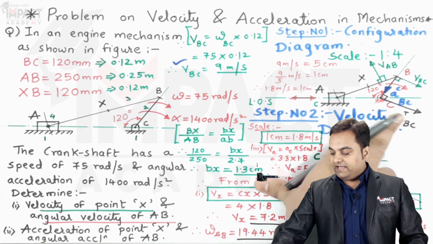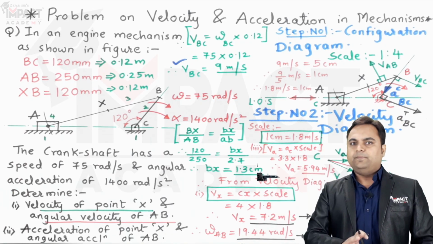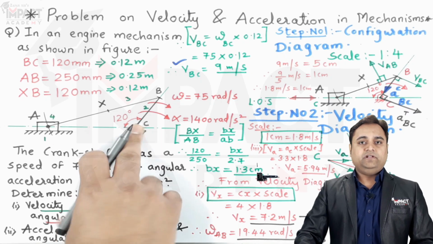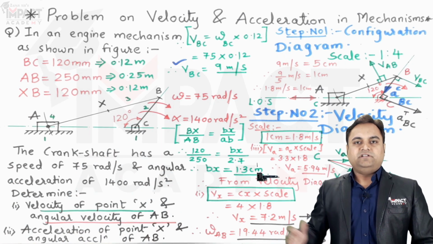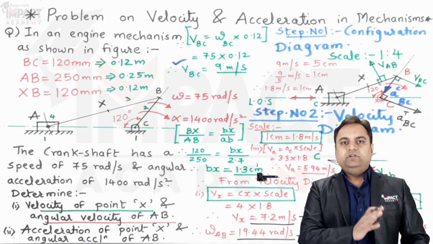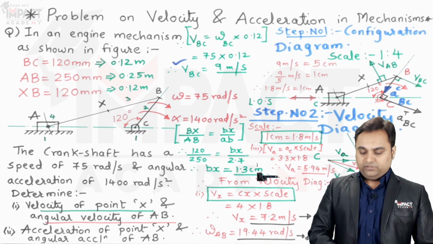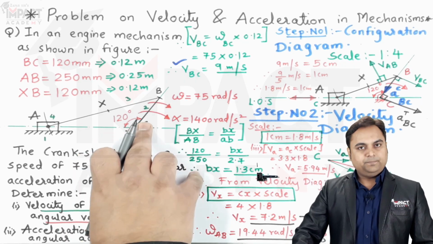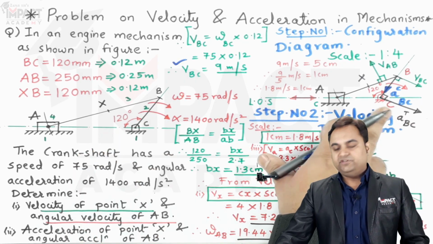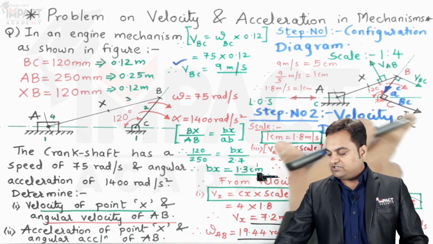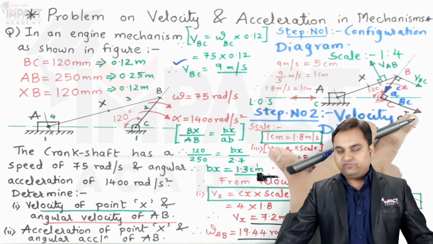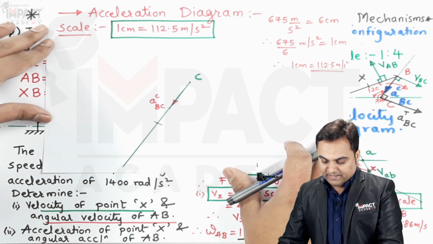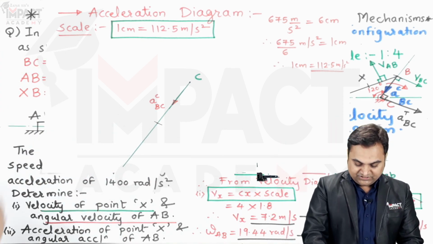So now we know the direction of the tangential acceleration, and remember, whenever in the problem the angular acceleration of the crank is not given, at that time we have to neglect the tangential acceleration. It means only centripetal acceleration is to be considered. But since here in this problem alpha, the angular acceleration of link BC, is given, we have to consider the tangential acceleration. Its direction is known to us. Now with the help of this direction, I can plot a line parallel to the tangential acceleration.